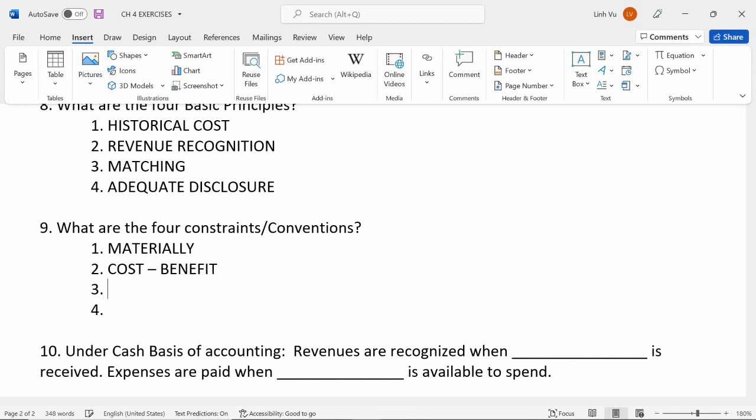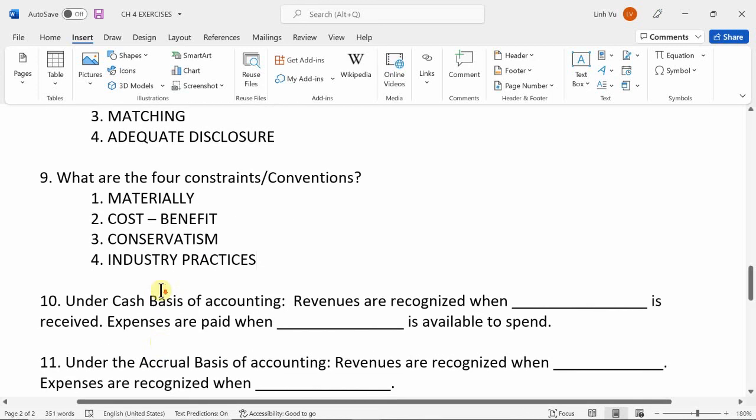Choosing between alternatives. Conservatism, right? Which allows you to say, out of the alternatives, which one is going to least likely overstate my assets? And last but not least, industry practices. Good, excellent.